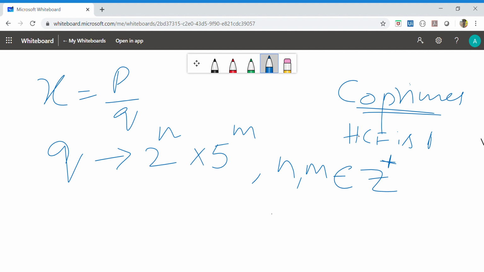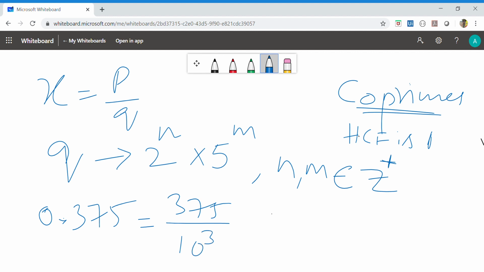Okay. Then for example, I am taking 0.375. It can be written as 375 by 10 cube. That can be written as 3 into 5 to the power of 3, because 5 to the power of 3 is 125, and 125 threes are 375, by 10 cube, which can be written as 2 cube into 5 cube. So 5 cube gets cancelled, 3 by 8.